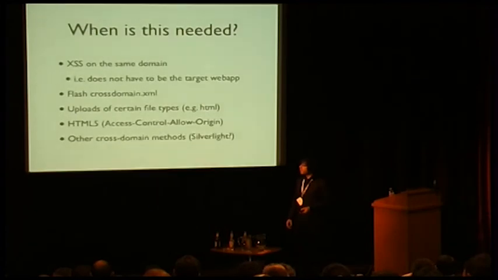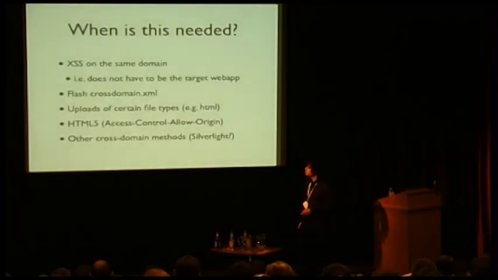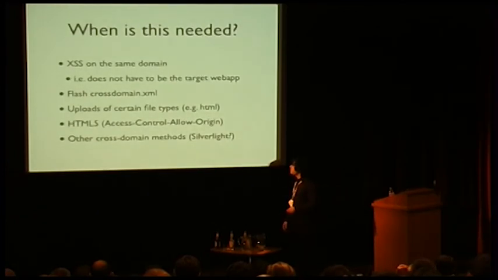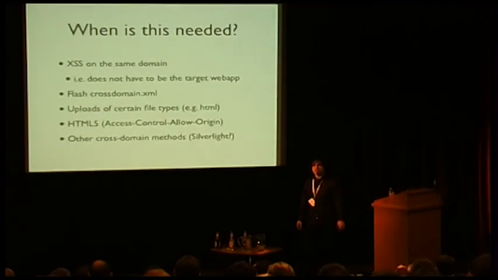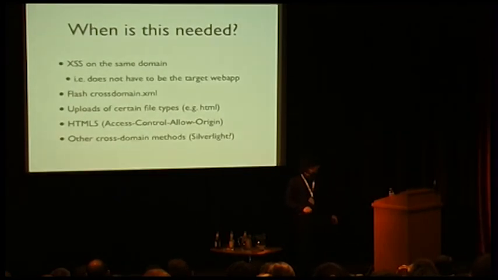But HTML5 is also interesting because you have something very similar to Flash's crossdomain.xml and other cross-domain methods, of course. I'd like to discuss this more. Maybe you guys have some more ideas where these sorts of payloads could be useful.